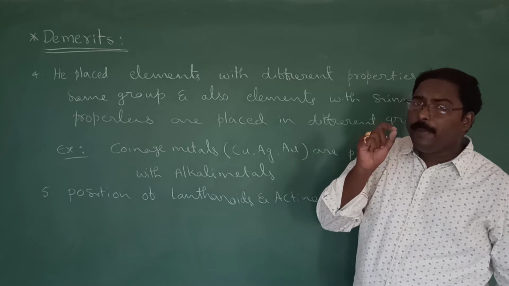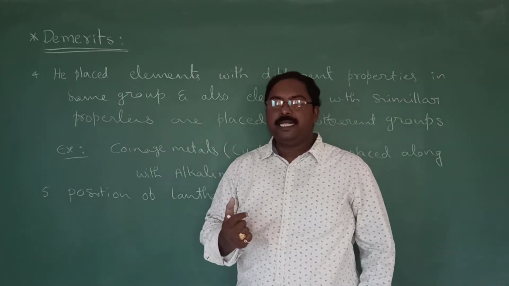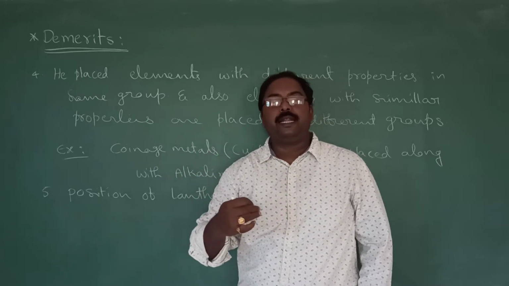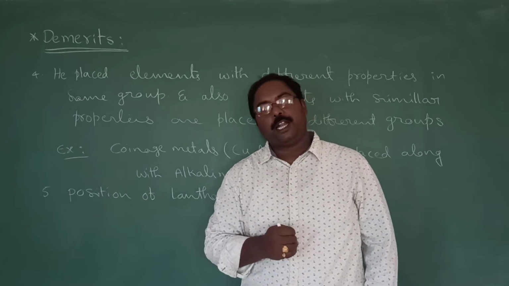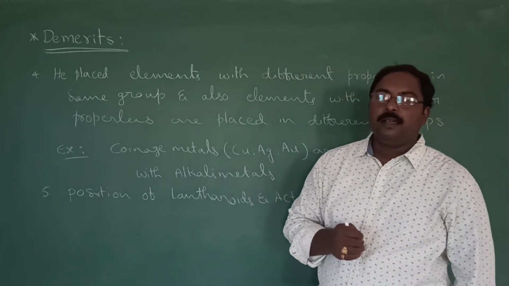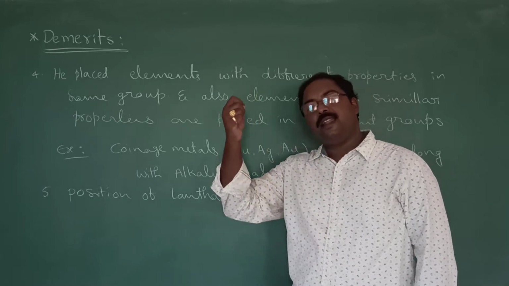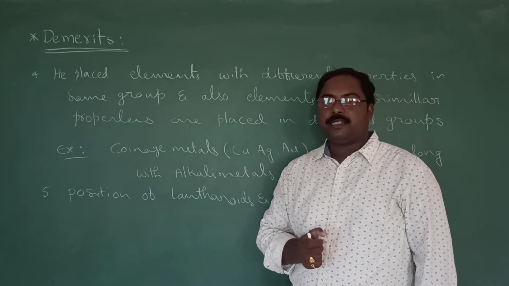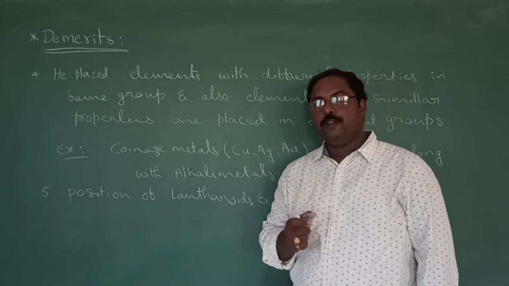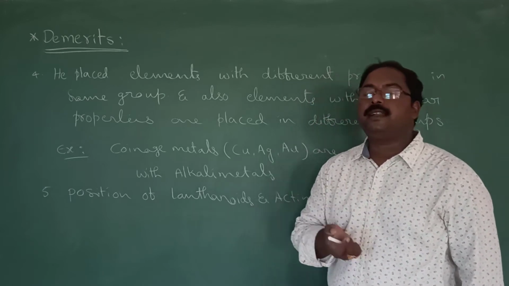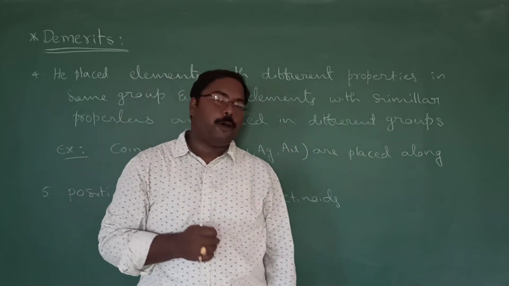Okay? What is the major drawback? This classification is based on atomic weights, but later it was proved that the properties of the elements are not a periodic function of atomic weight. Okay? On what will it be based then? The properties of the elements are generally based on electronic configuration or the number of valence electrons. Right? Valence electrons means the number of electrons present in the outermost orbit.